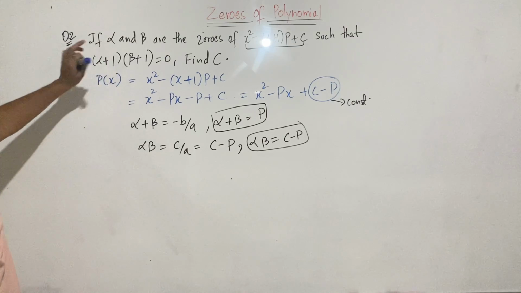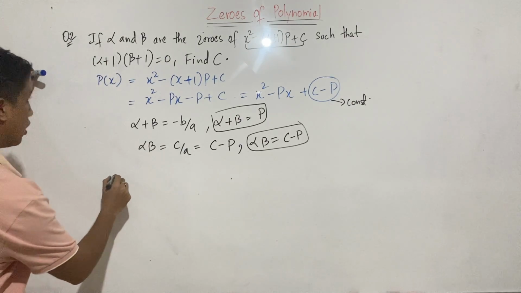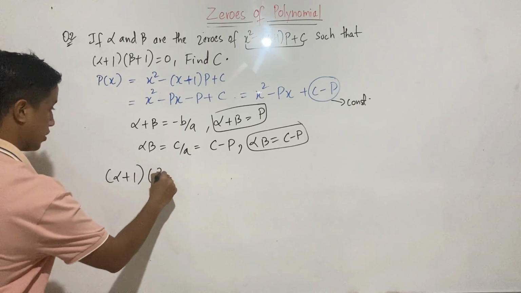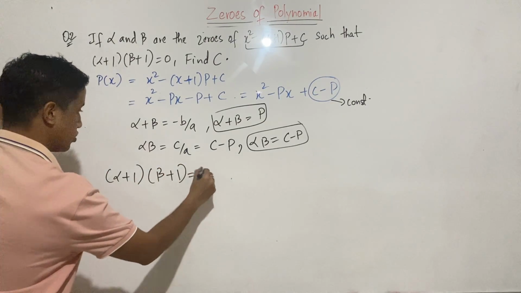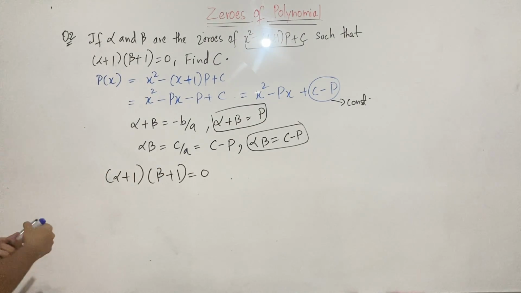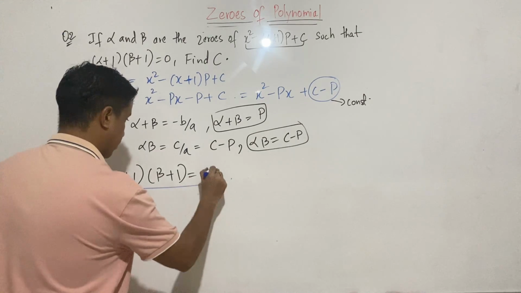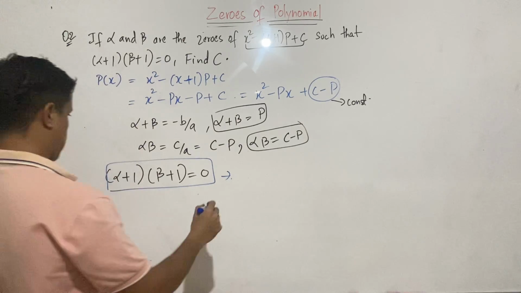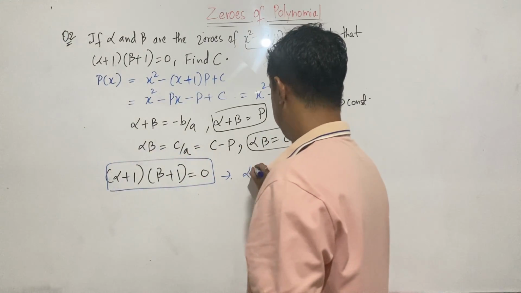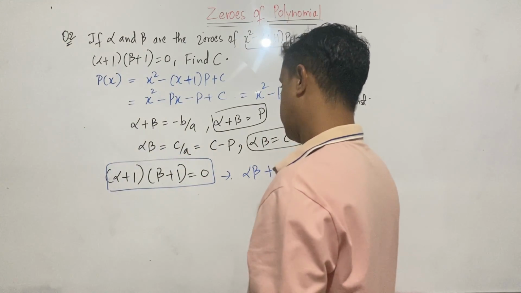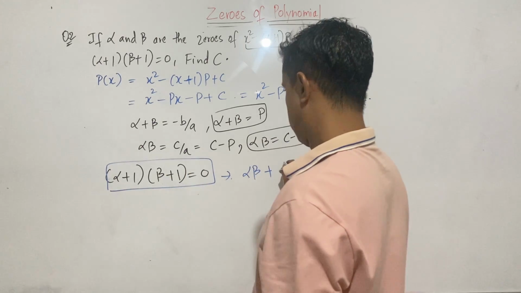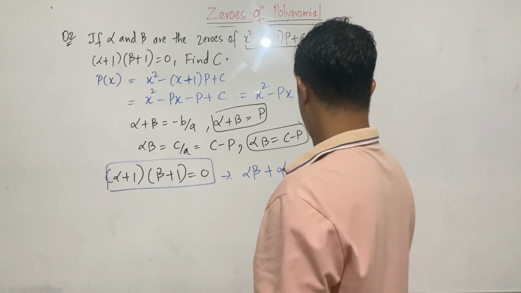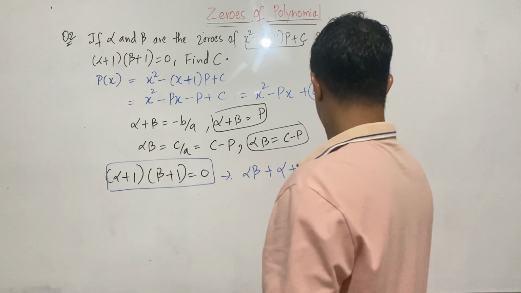Now it says (alpha plus 1)(beta plus 1) equals 0. So I think we can make use of this. If we multiply, it will be alpha beta plus alpha plus beta plus 1 equal to 0.